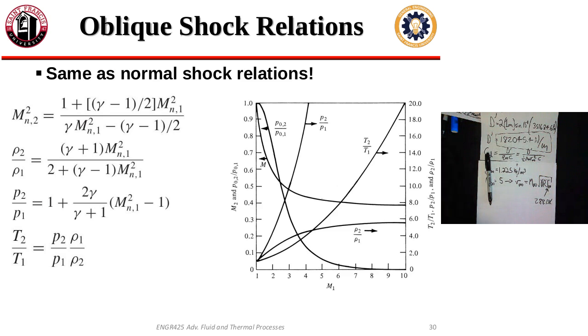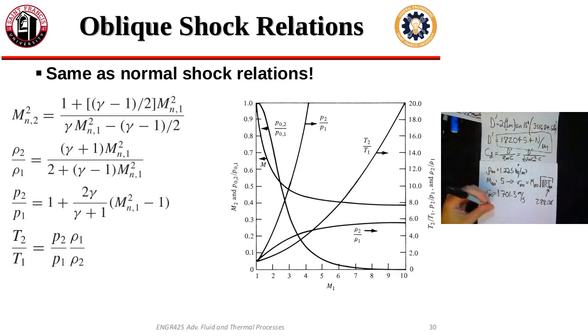So I can do some quick math: 288.13, 1.4, 287, multiply them all together, take a square root, and that gives me 340.25 meters per second. Multiply that by 5, and that gets me a free stream velocity of 1,701.3 meters per second.